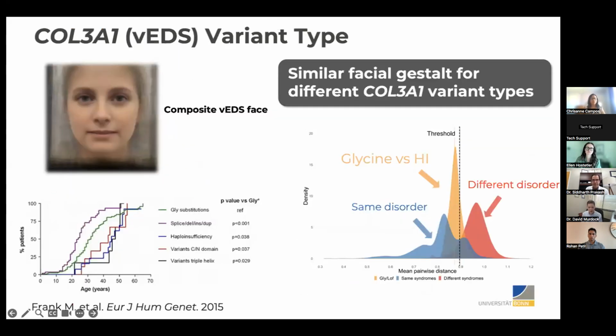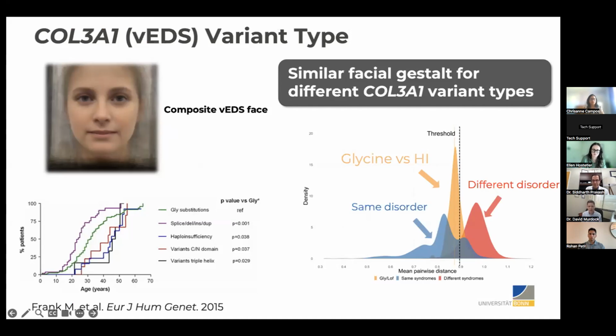So I mentioned before about variant-specific analysis, and so I'll talk a little bit about COL3A1, the gene that causes vascular EDS. We know that different mutation types within COL3A1 impact the vascular severity of this condition, something called the genotype-phenotype correlation.